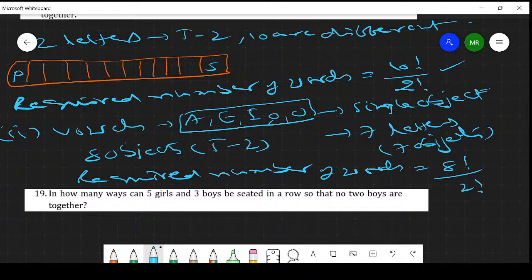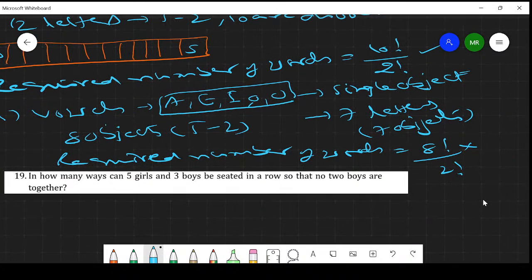But inside the single object I have 5 vowels. The 5 vowels among themselves can change places in 5P5 ways, correct? Inside the box all vowels are together, and among themselves they can change places in 5P5 ways. So this is our answer: 8 factorial by 2 factorial into 5P5, which is 5 factorial. So that will be the required answer.